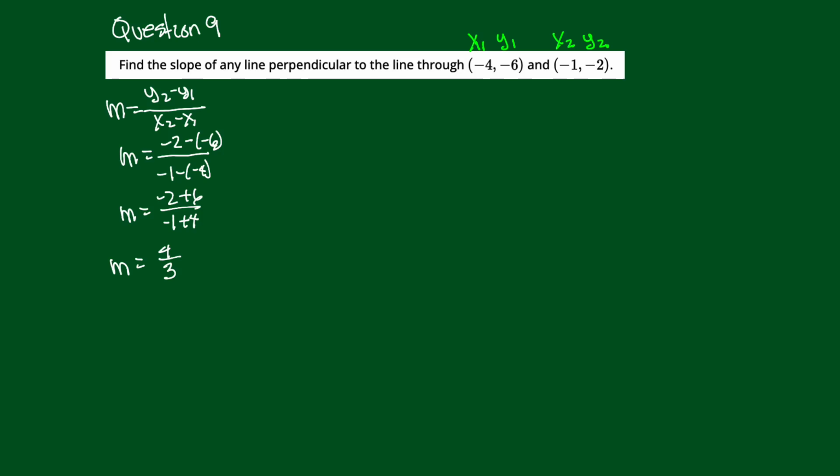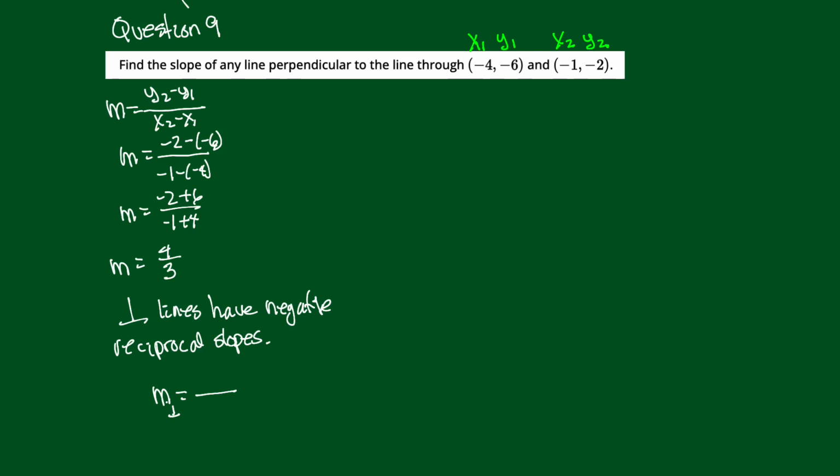Now here's what I know. That perpendicular lines have, this is called negative reciprocal slopes, which just means you need to do this. Negative reciprocal, all right? So first of all, the slope of our perpendicular line, I'll label it down here.